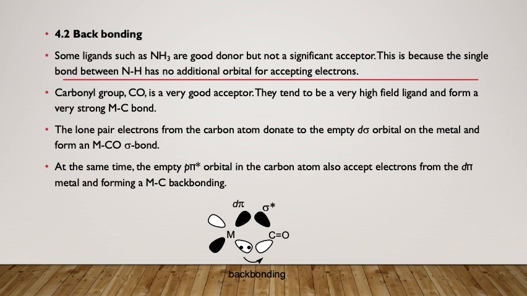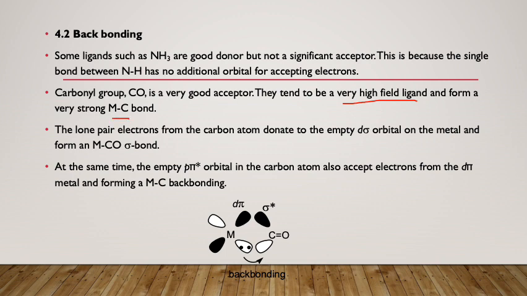On the other hand, the carbonyl group, C double bond O, has two types of bond, a sigma bond and a pi bond. It is a good acceptor because of the additional orbital for it to accept another electron. It tends to be a very high field ligand and forms a very strong M-C bond.